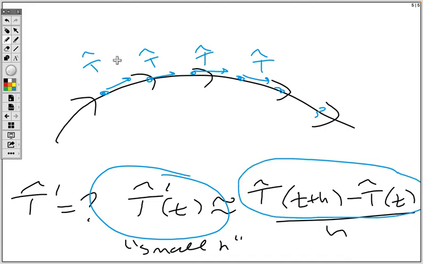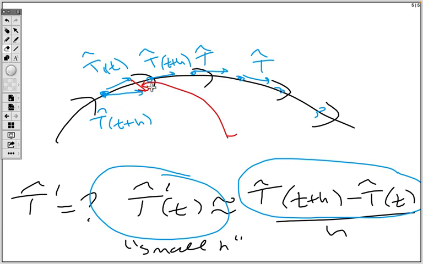So if I take a T hat of t, and then a T hat of t plus h, and I just take this vector over to here and put it there, and then I look at the vector T hat of t plus h minus T hat of t, that's going to be this vector here. There are a lot of arrows up there, but that's going to be the red vector.